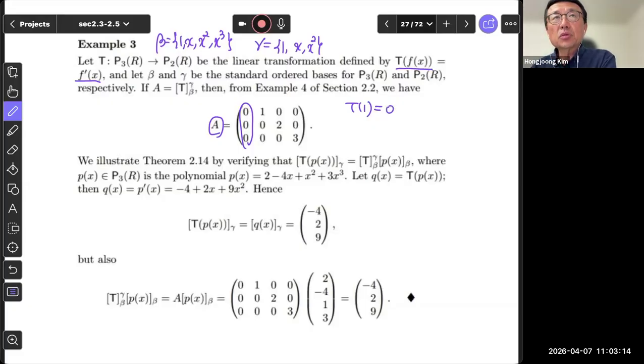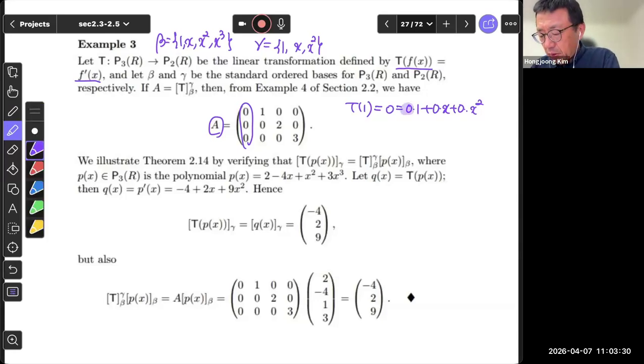And when I use gamma as a basis, then this 0 vector can be written as 0 times 1 plus 0 times x plus 0 times x squared. So these three zeros go to the first column. In a similar way, we can consider the derivatives of x, x squared, and x cubed, and so on. So let me skip the other parts. Then A will be this 3 by 4 matrix.